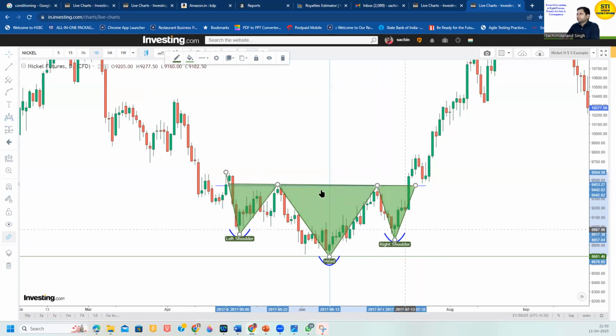The main purpose of this pattern is just to draw it, and it will give a clear conviction that yes, a head and shoulder formation is there, and one can plan to enter at this candle.